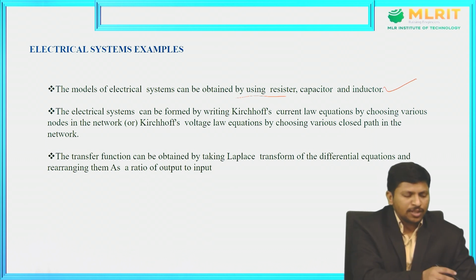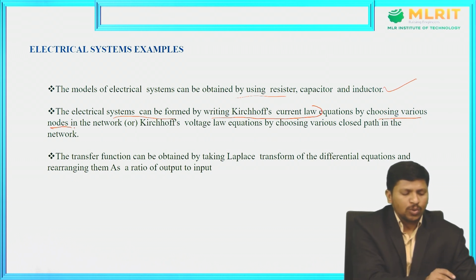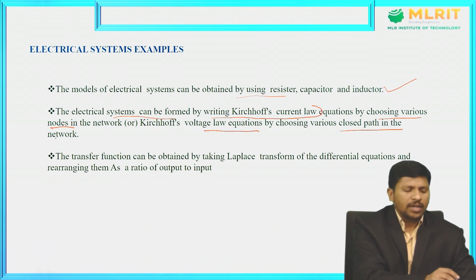Here observe, the electrical system equations can be written by applying Kirchhoff's current law at the various nodes, and Kirchhoff's voltage law along the various closed paths in the network.